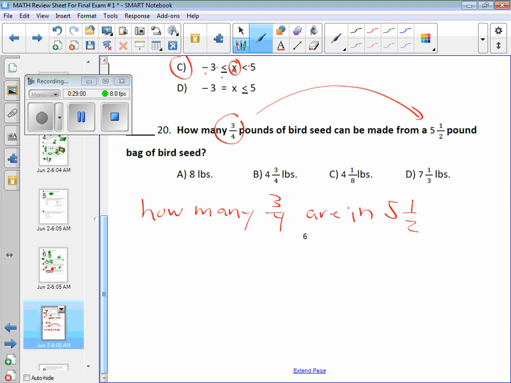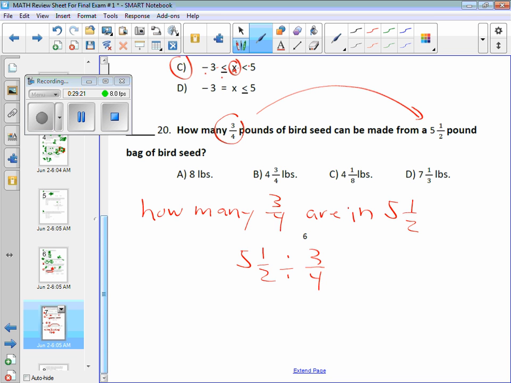When you say how many of something is in something, it's this second number, 5.5, being divided up into portions that are 3/4 in size. If you can get to this, then it's keep, change, flip.